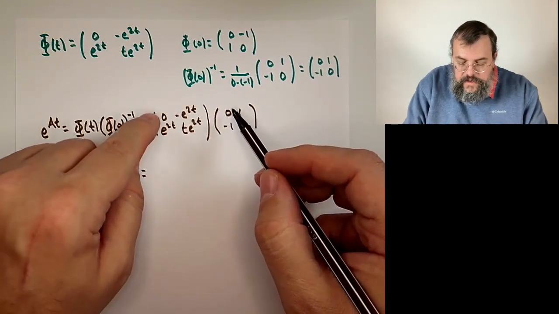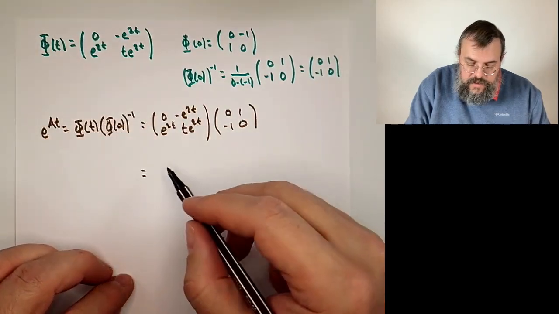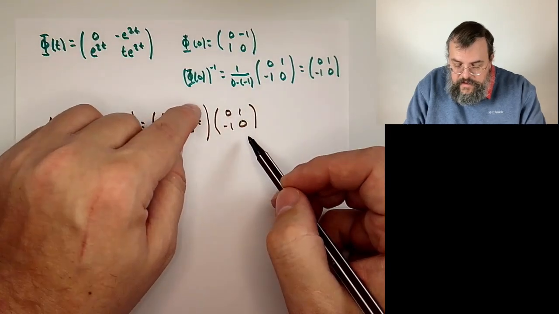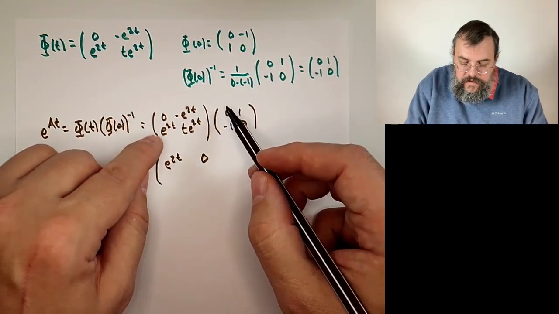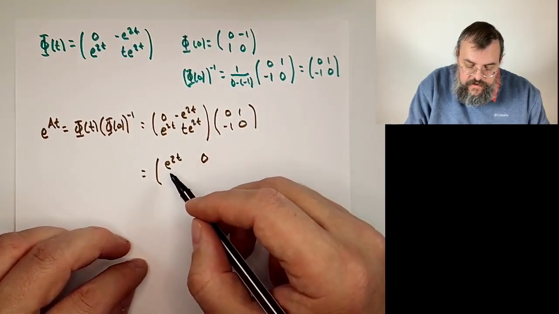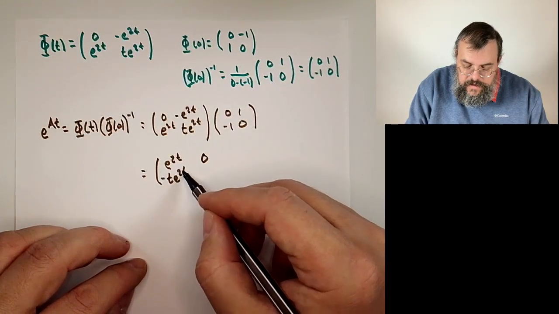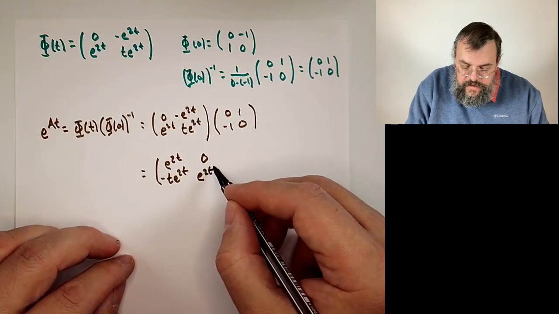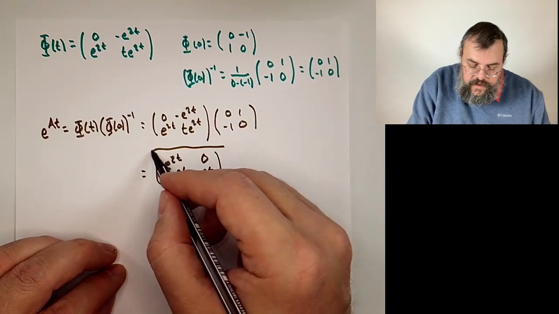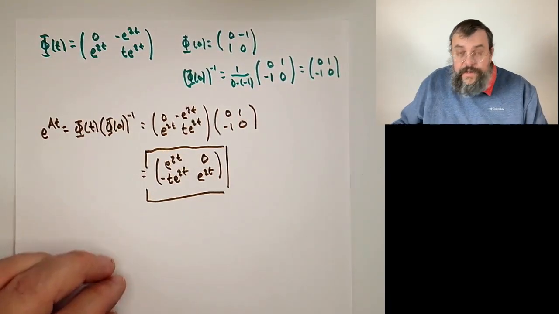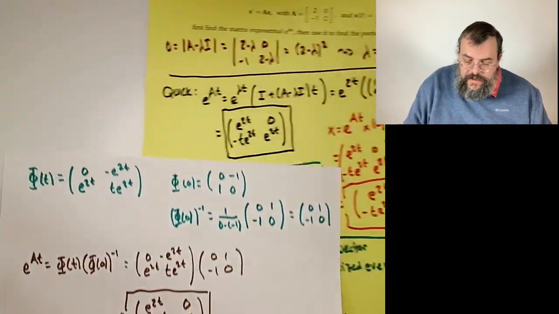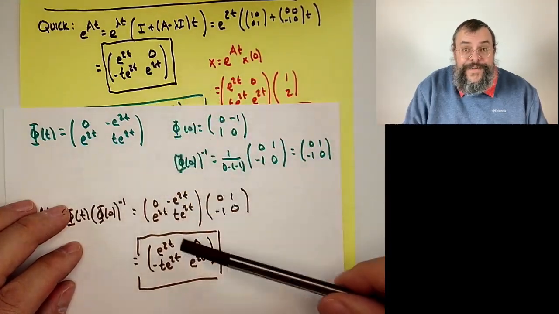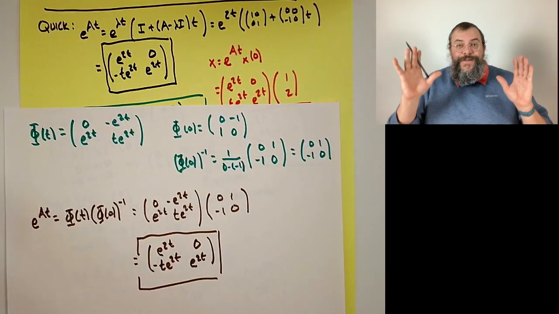No need to rush. 0, e to the 2t. And 0 and 0. Okay, great. 0, minus t e to the 2t. And e to the 2t and 0. And there we go. There's our e to the at. And so that we can actually believe it, let's check the two answers. And they're the same. Woo!